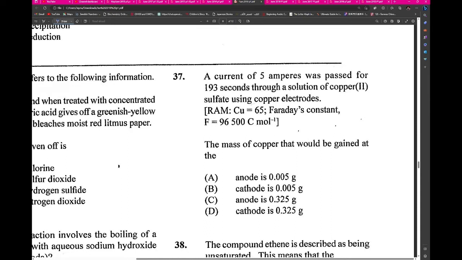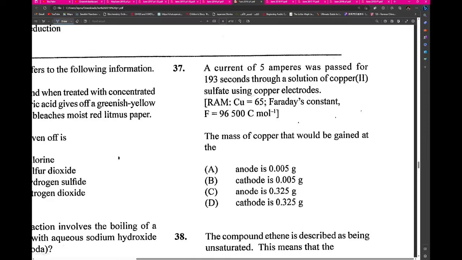We should remember this equation, right? So you're using Faraday's constant to do this.